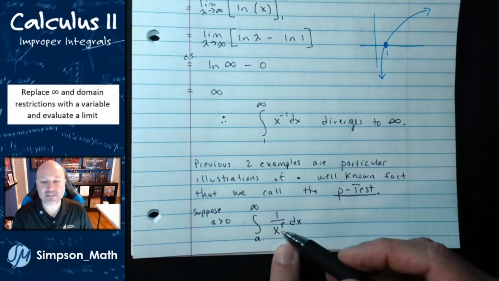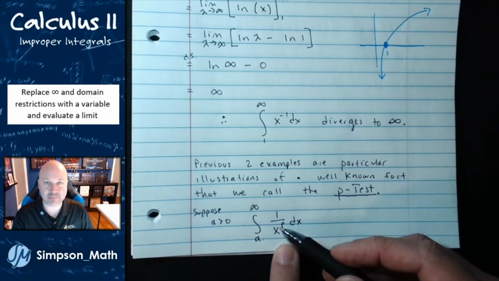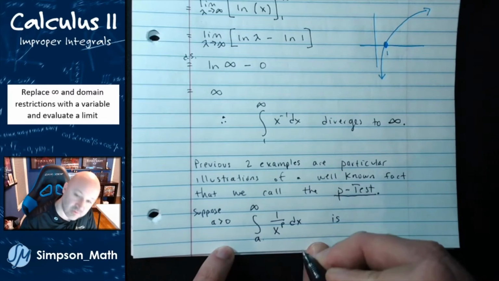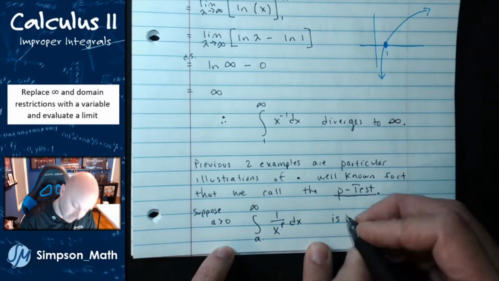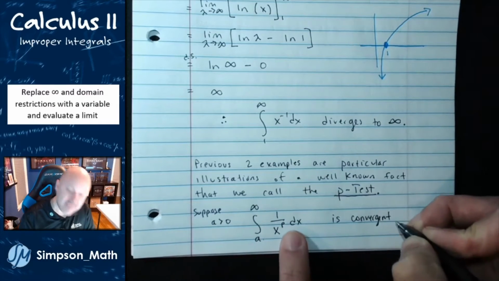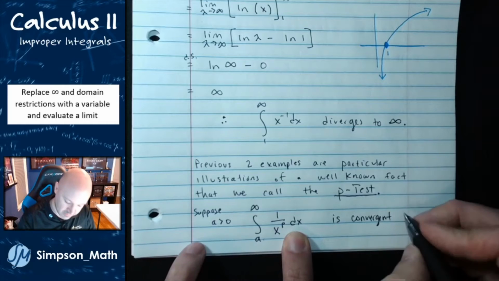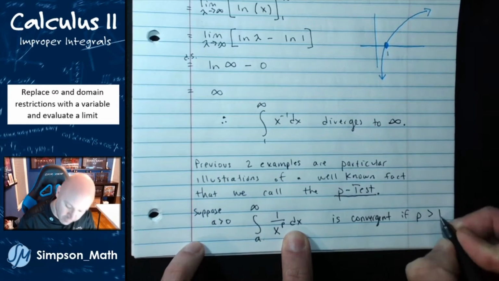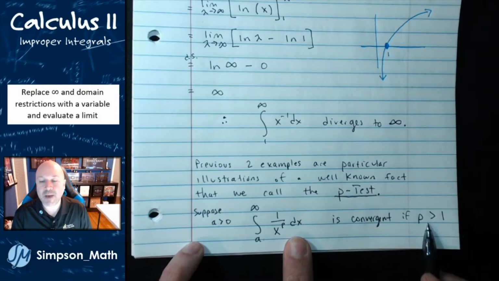And we had 1 over x to the first power, and we had 1 over x to the second power. The p-test says this will be convergent if that power is bigger than 1. So we did a power of 2, and it did converge.